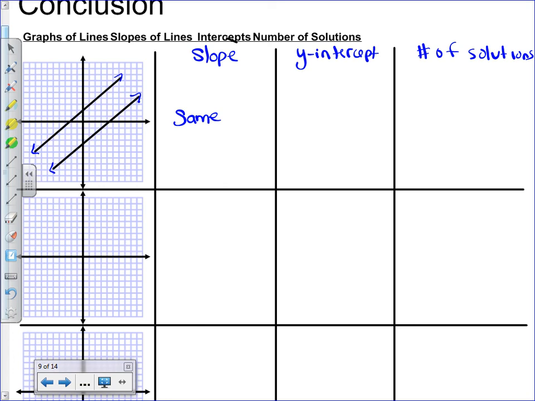Well, they're not the same. My y-intercept is here. So they are different. So if my slopes are the same and my y-intercepts are different, the number of solutions is none. Those lines will never cross. So you should be able to tell just by looking at two equations how many solutions they will have.